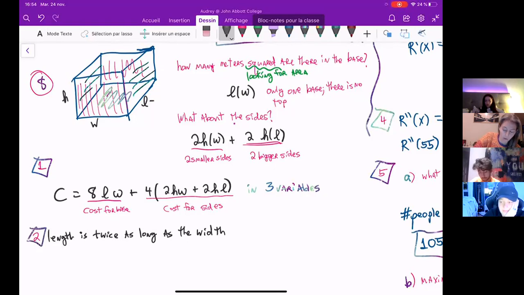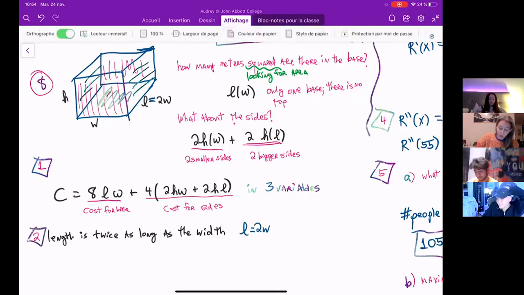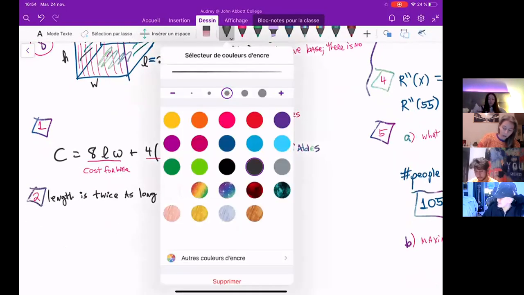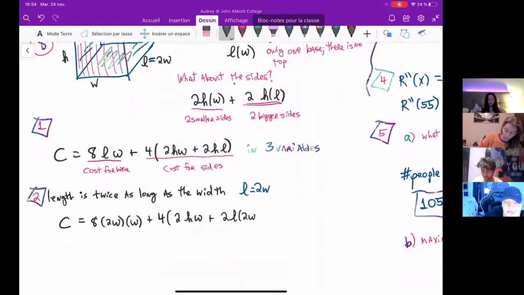I'll give you a hint. I can rewrite that L is equal to something. What is L equal to? 2W, thank you, Luca. So L is equal to 2W. So now I'm going to replace that down here. So I can say that cost is equal to 8 times 2W times W plus 4 times (2HW plus 2H times 2W).